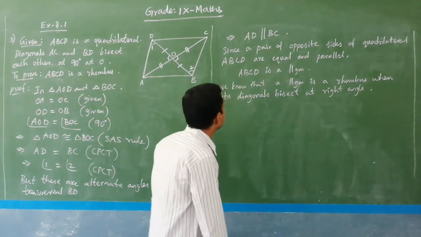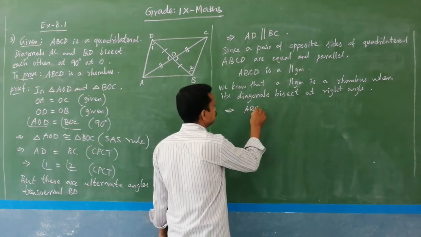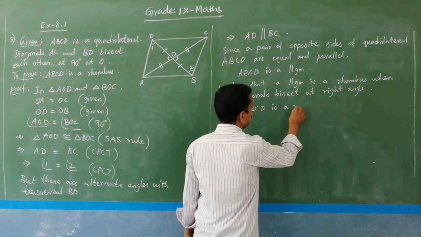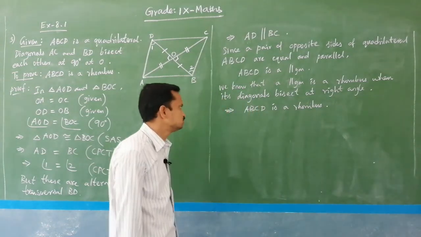That you know, this implies ABCD is a rhombus. Now, we can come to the conclusion that ABCD is a rhombus.